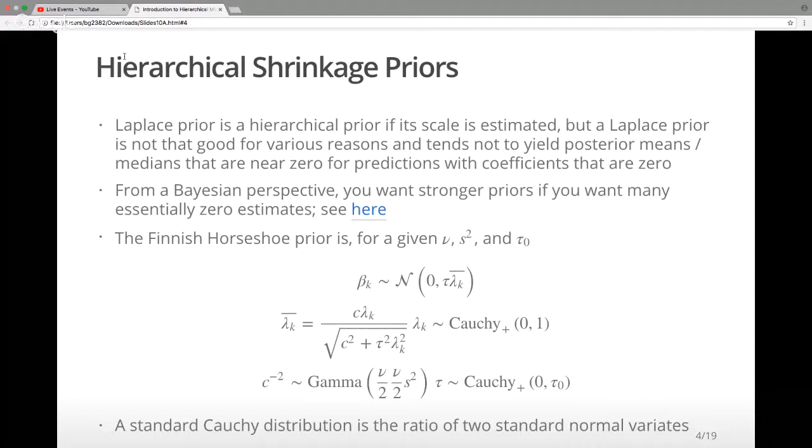Now that is pretty deep for a prior that only pertains to one of your regression coefficients, but you can sort of see here that the standard deviation in your prior for the kth regression coefficient is something that could be very dispersed, could be very concentrated.